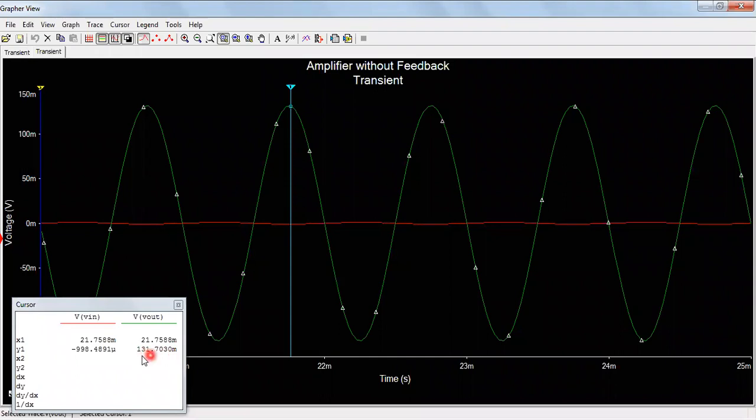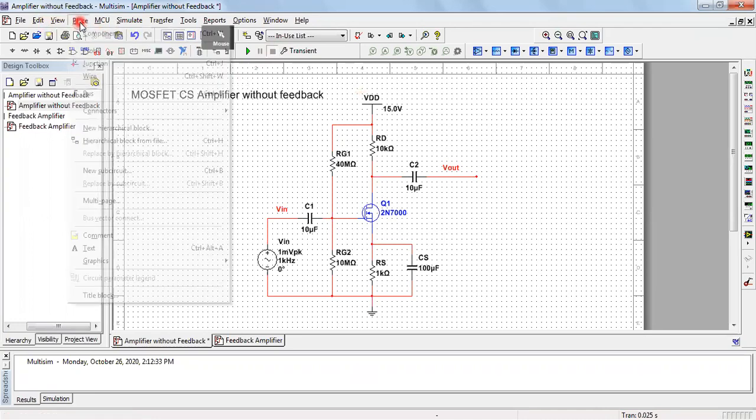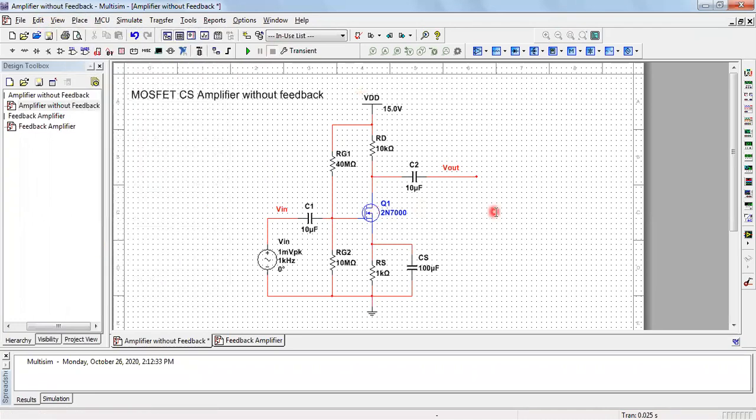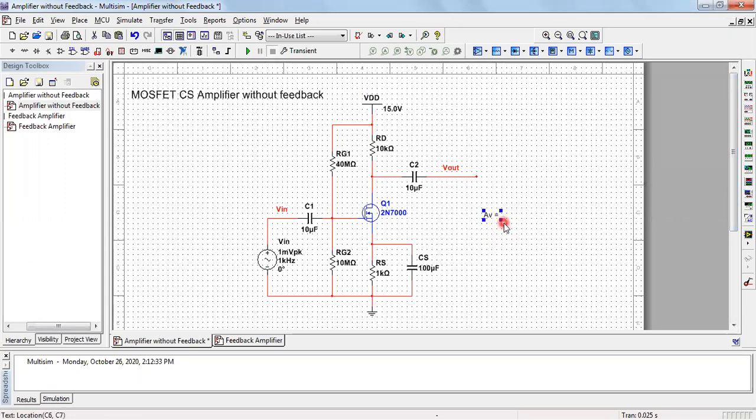So gain will be V out divided by V in. So let me write it. Okay, I will use the text box. Let me take the text box. So my gain AV will be equal to, better I will use the text box of this one.